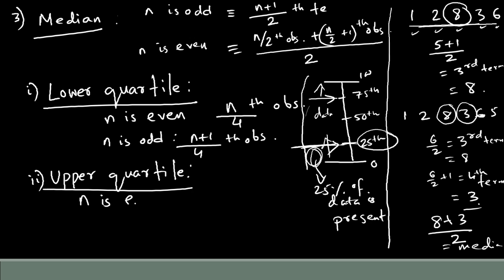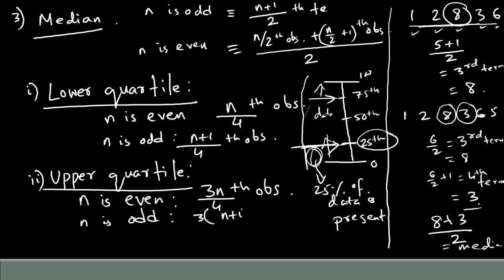When n is even, you have to do the 3n by fourth observation. And when n is odd, you have to do the 3 times n plus 1 divided by fourth observation. Hope this is clear.